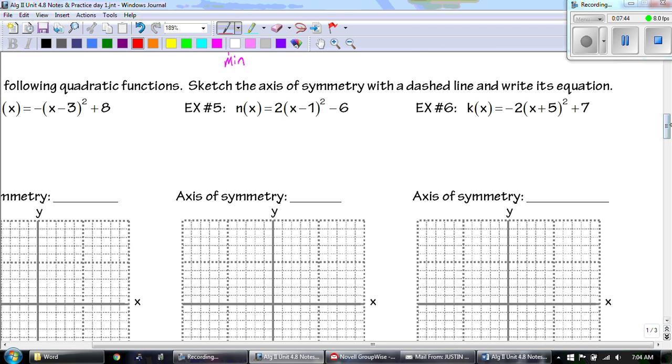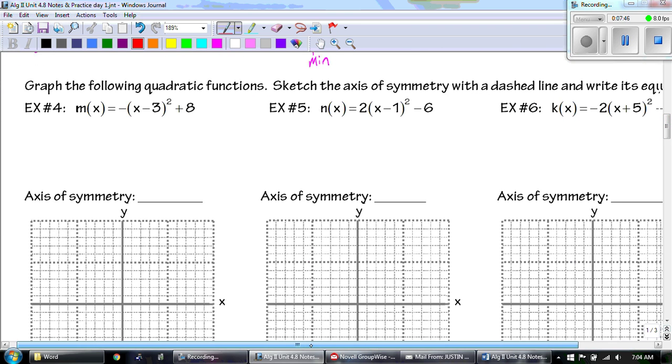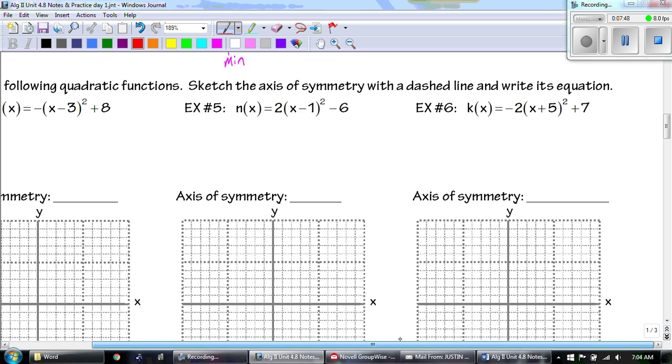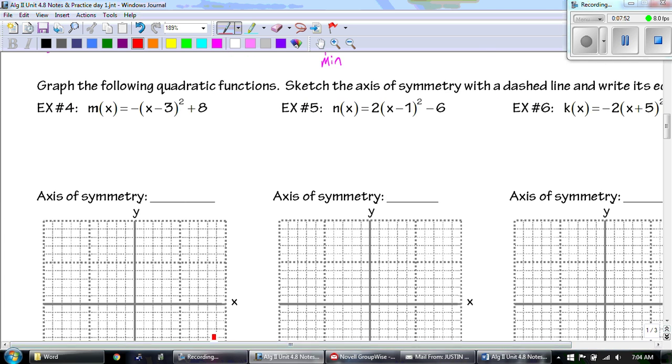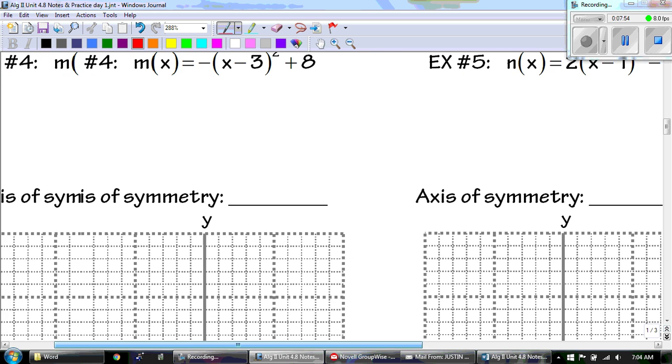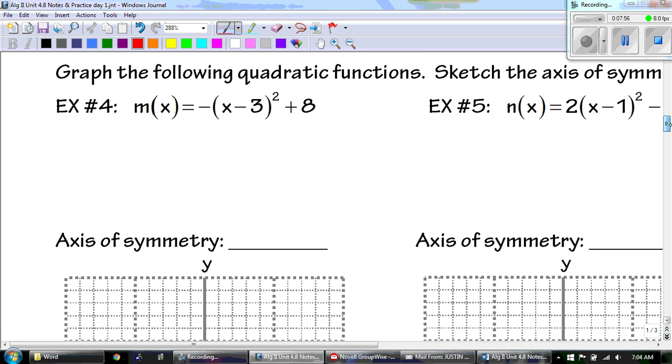All right, so we have to graph the following quadratic functions, sketch the axis of symmetry with a dashed line, and write its equation. So a is negative 1. Okay, so if a is negative 1, we're going to be going down.